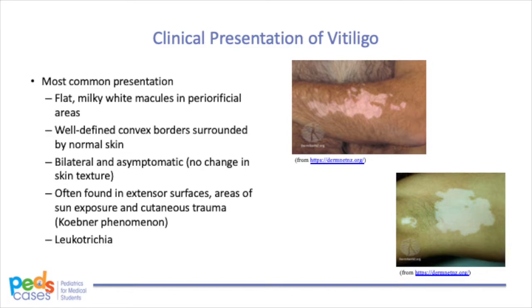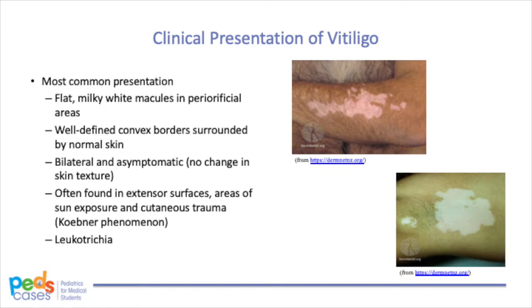It is important to note that vitiligo may show more than one shade of color. Although the location, size, and shape of depigmentation vary, it is often bilateral and asymptomatic. Depigmentation defines total loss of melanin caused by melanocyte destruction, whereas hypopigmentation defines partial loss of melanin pigment.